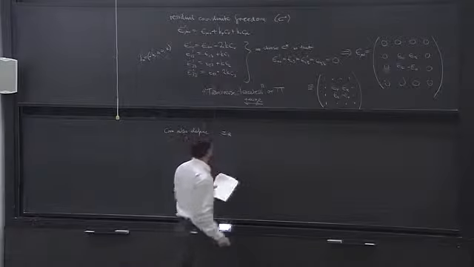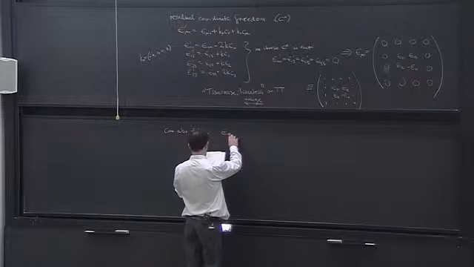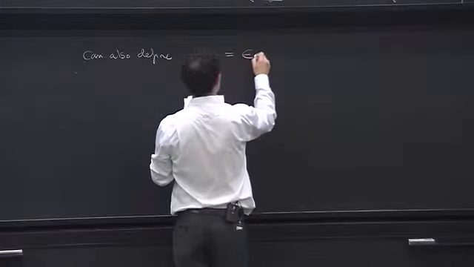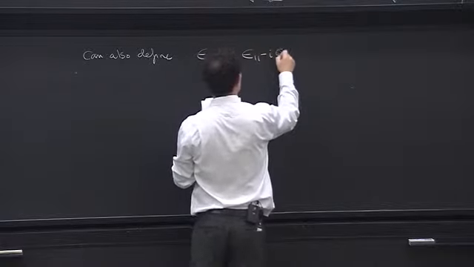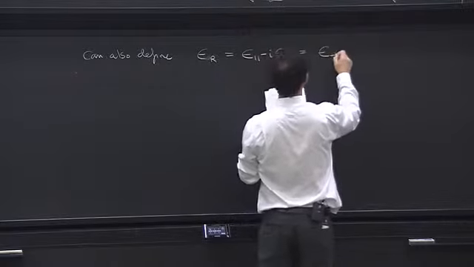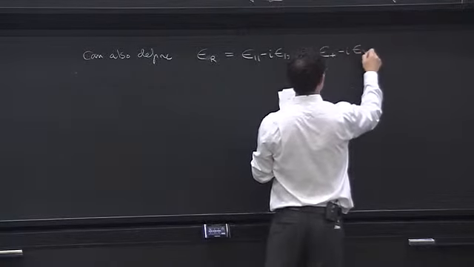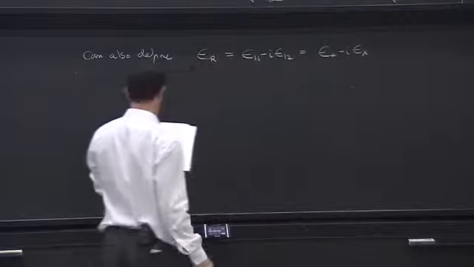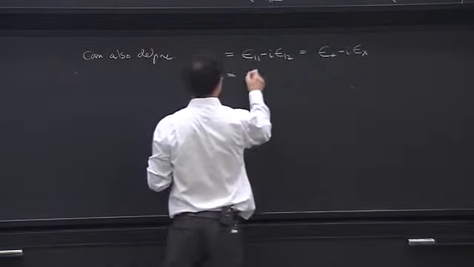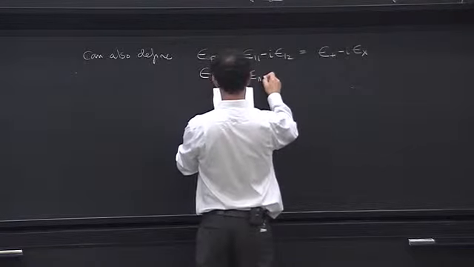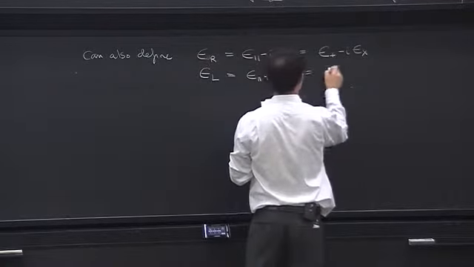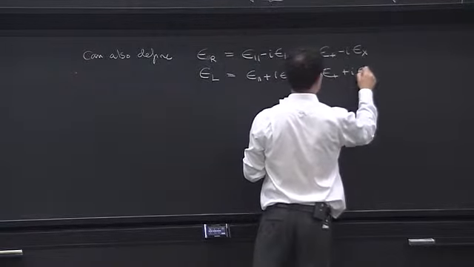But for the moment, just allow me to define epsilon right, which is epsilon 1,1 minus i epsilon 1,2, which is epsilon plus minus i epsilon cross. And epsilon left, which is epsilon 1,1 plus i epsilon 1,2, which is epsilon plus i epsilon cross.